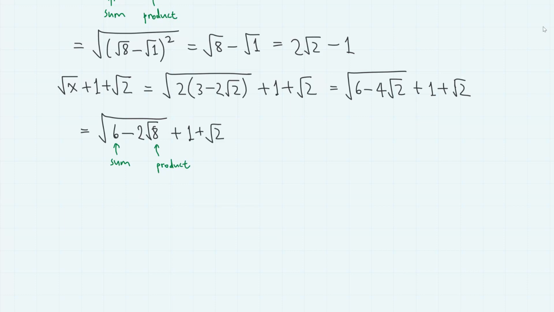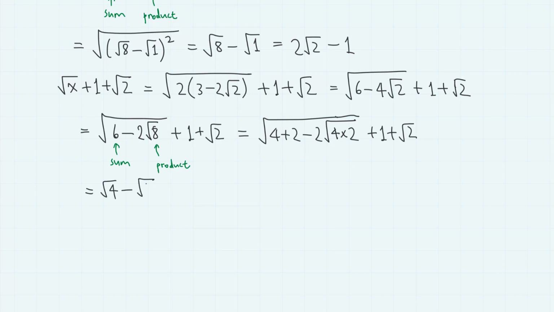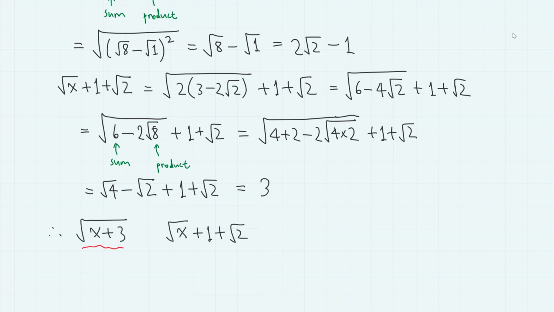Now the sum is 6 and the product is 8. These two numbers are 4 and 2. So 8 equals 4 times 2. So we have square root of 4 minus square root of 2 plus 1 plus square root of 2, which simply equals 3. So the left-hand side is 2 square root of 2 minus 1, and the right-hand side equals 3.